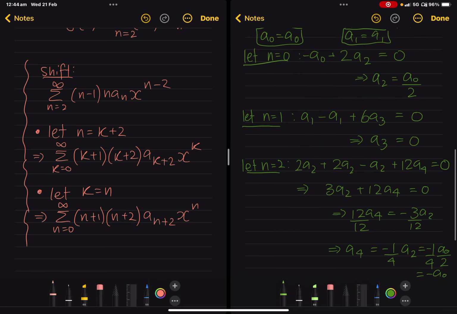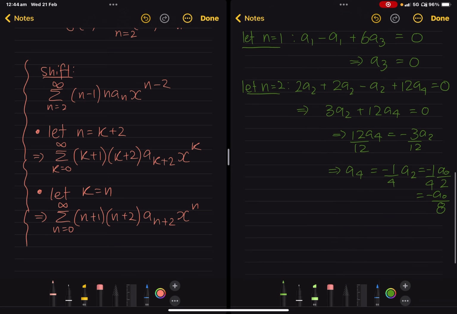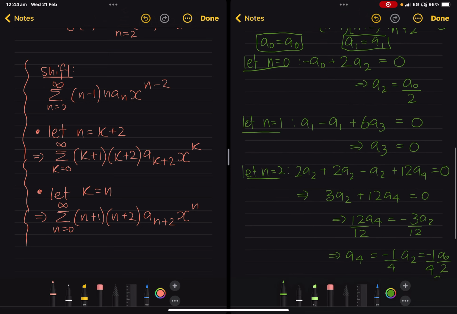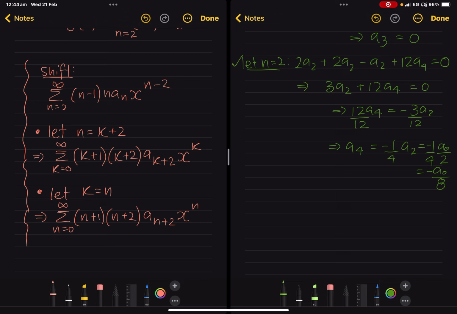So we have 1/2 times a0, then we have minus 1/8 times a0. So we've done our two basic conditions here, then we've done n is 0, n is 1, n is 2. Let's do n is 3 and then see if we can identify if this is a known series.